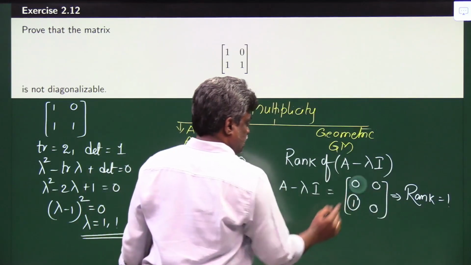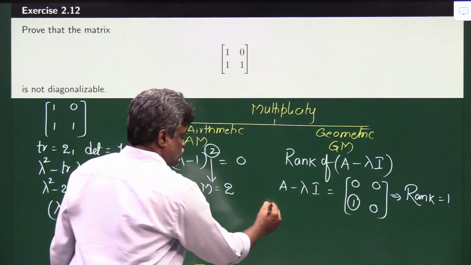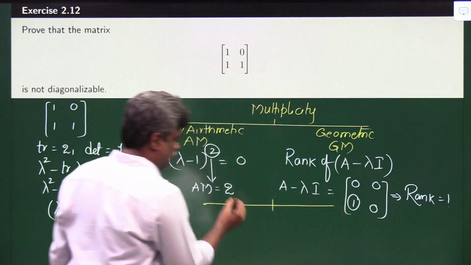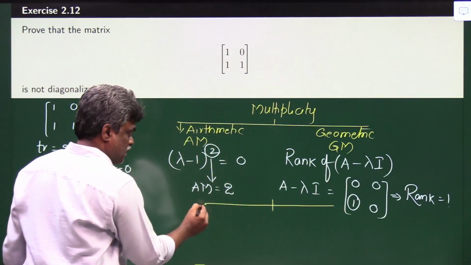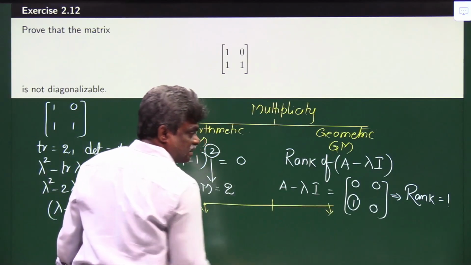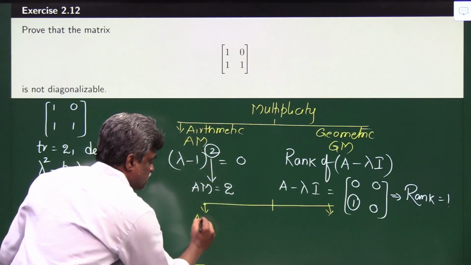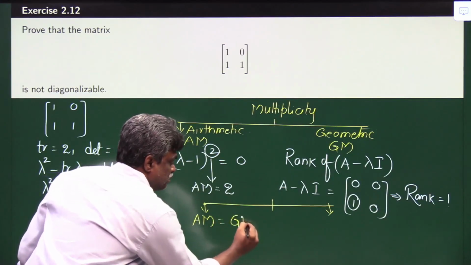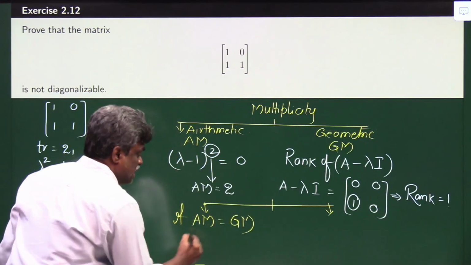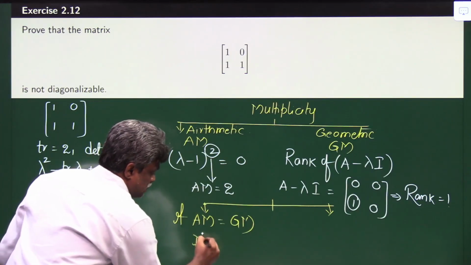So finally, based on these two values, arithmetic multiplicity and geometric multiplicity, we got two cases. If AM is equal to GM, then we can say the matrix is diagonalizable.